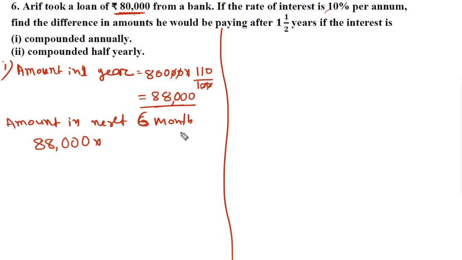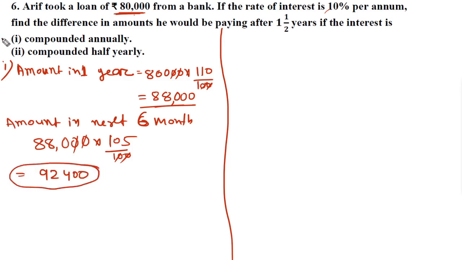So into half of 10 is 10 by 2, which is 5. So 100% plus 5%, so 105%, 105 by 100 you can write. Okay. Now you can cancel 2 zeros. So you have to multiply 880 into 105. So it will be equal to 92,400. So this is the amount in the first case when compounded annually.